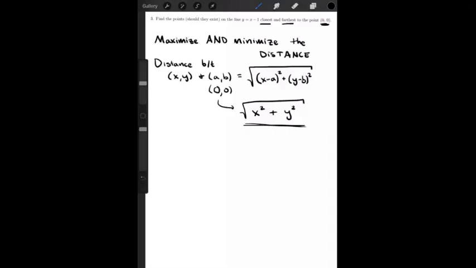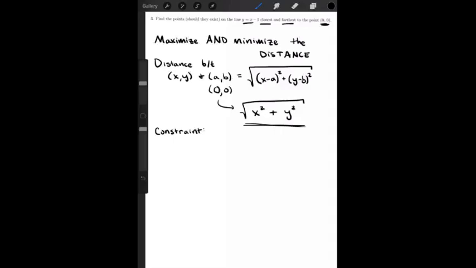Do we have an equation that has both x and y in it? It turns out we in fact do.